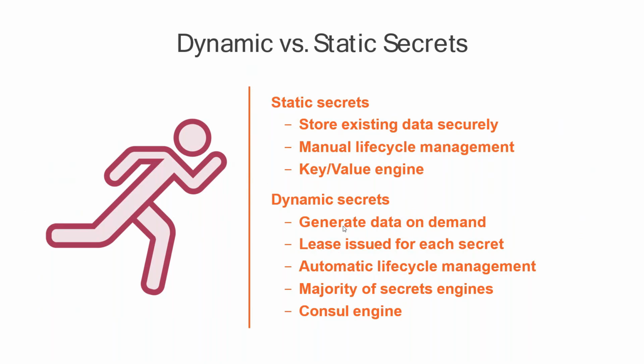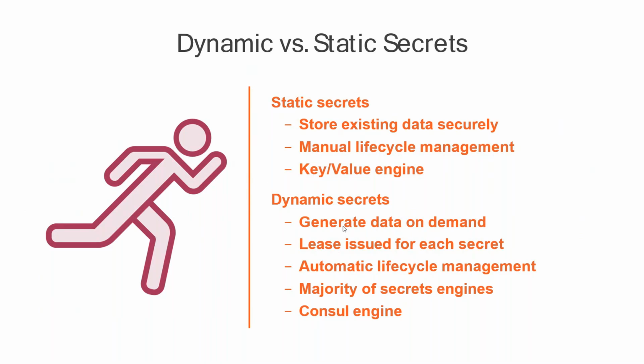A dynamic secret is something you generate based on demand that will be accessible only during a certain time and from certain devices, and once you use it, it is automatically deleted. The life cycle means create, store, delete.